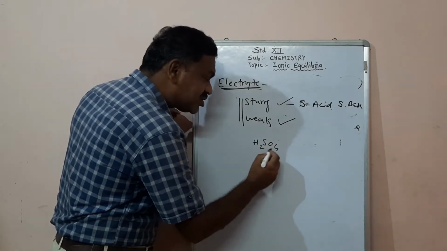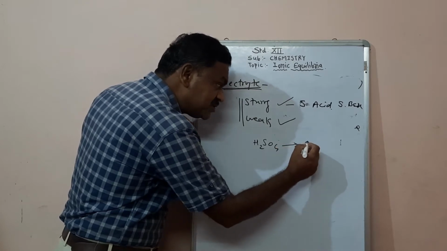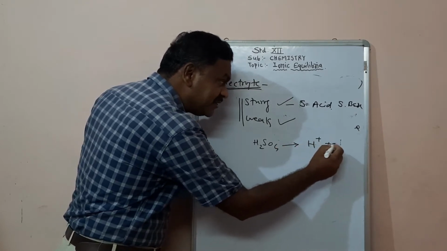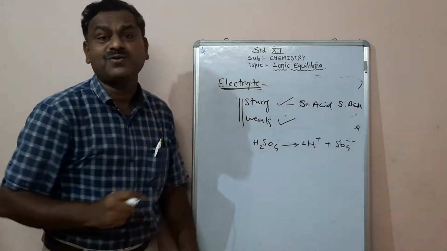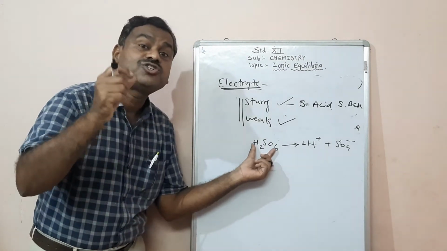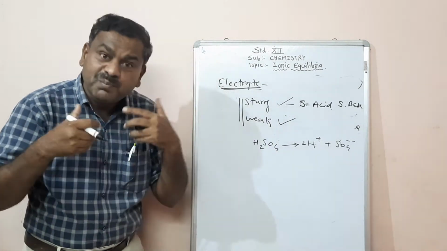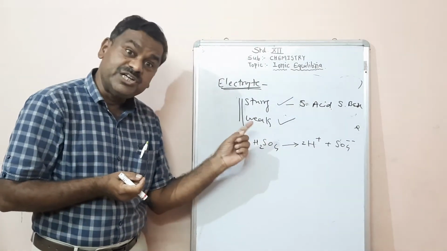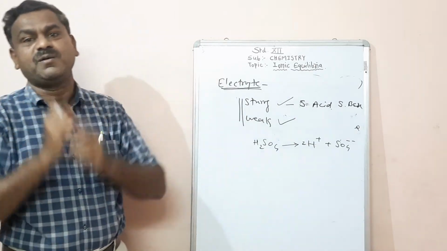H2SO4 is a strong acid which dissociates to produce H plus and sulfate ions, and H2SO4 is a strong electrolyte because it dissociates completely or almost completely.